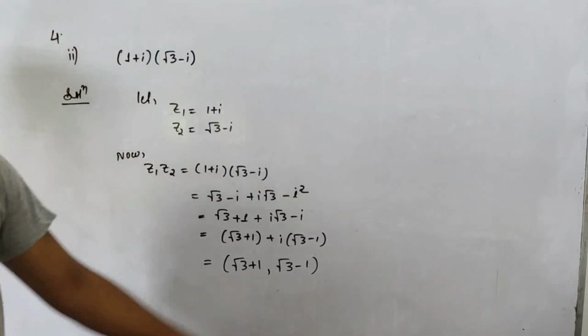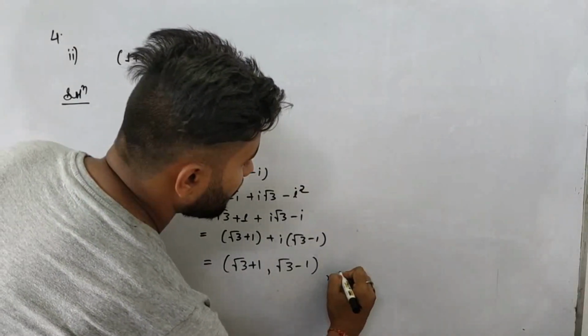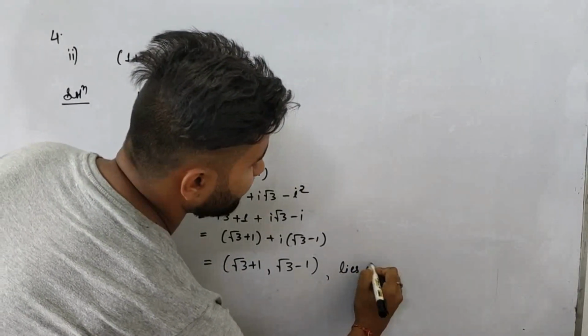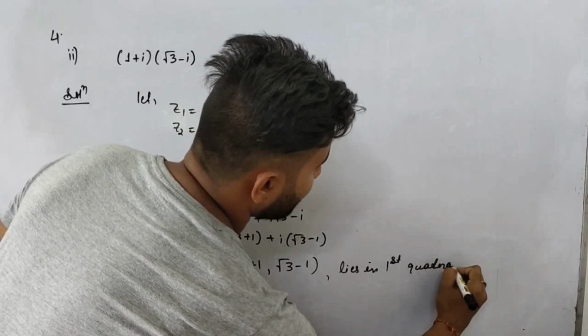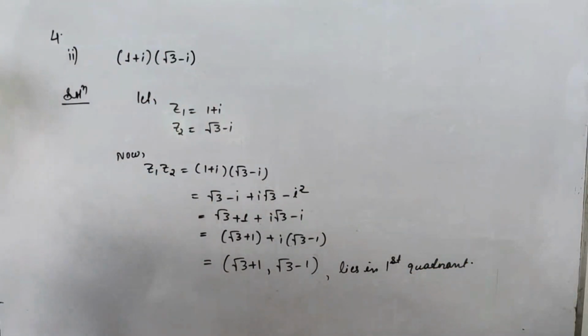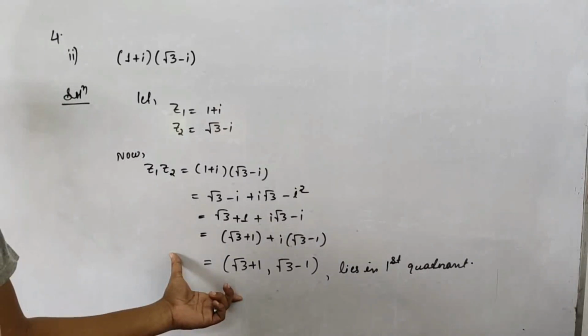So this is a positive value. So in which quadrant does it lie? First quadrant, right?